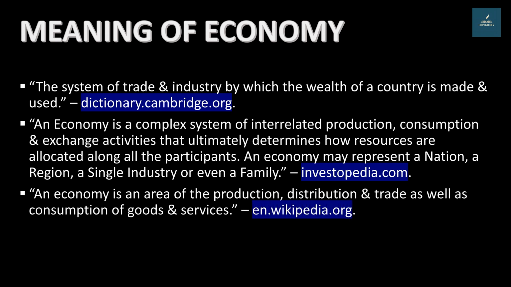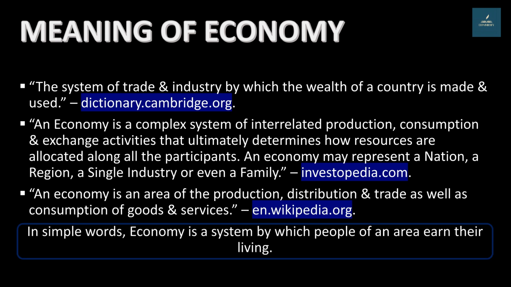Next, an economy is an area of the production, distribution, and trade, as well as consumption of goods and services. This is as per Wikipedia. In simple words, economy is a system by which people of an area earn their living.